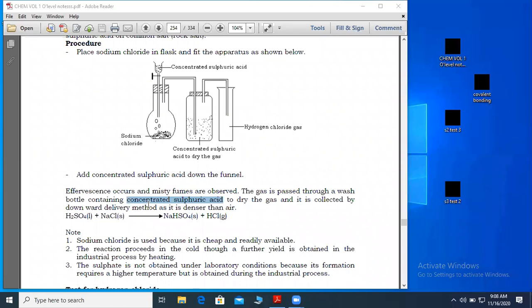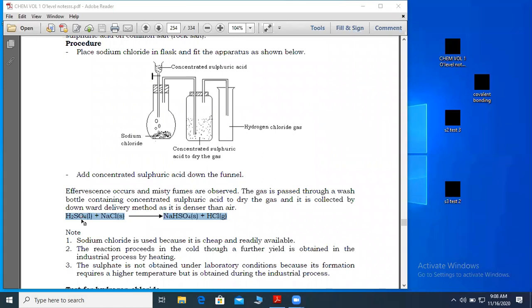So the equation for the reaction stands the way it appears here, and this is it. We have sulfuric acid. I'll keep mentioning to you that you remember when we are preparing nitric acid or hydrogen chloride gas, we use concentrated sulfuric acid.